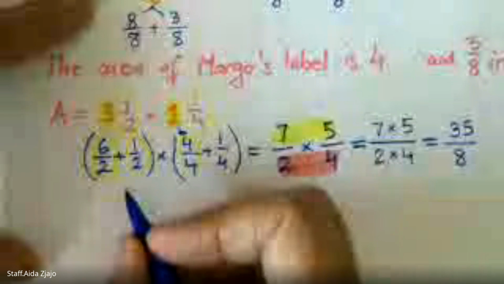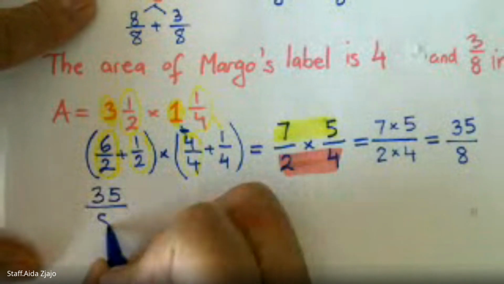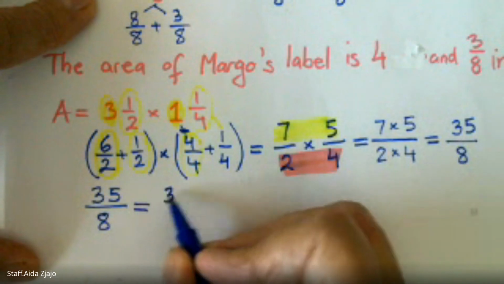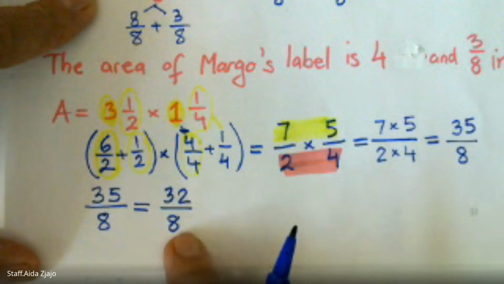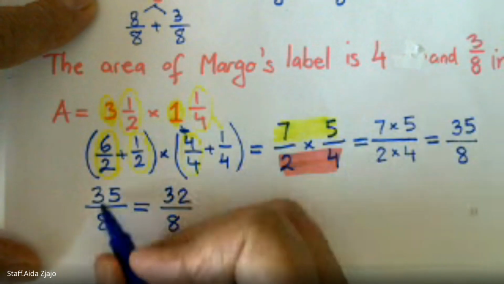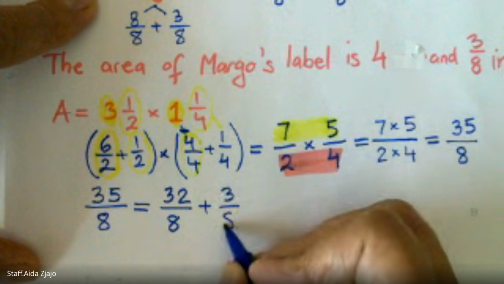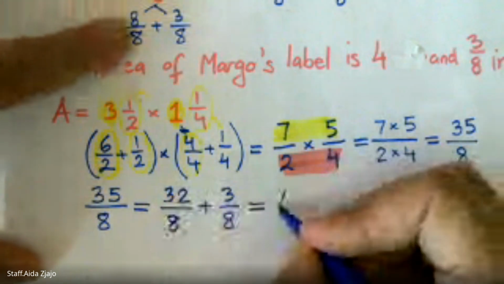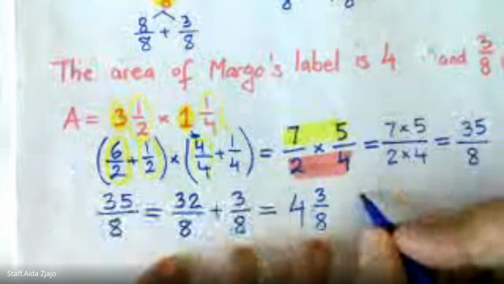How I can show you this is if I have 35/8, then I can say, okay, 32 pieces of 8 will make me 4 wholes, and I have 35, so I will have 3/8 left. So finally, 32/8 is 4 wholes, and then 3/8 is left. So square inches.